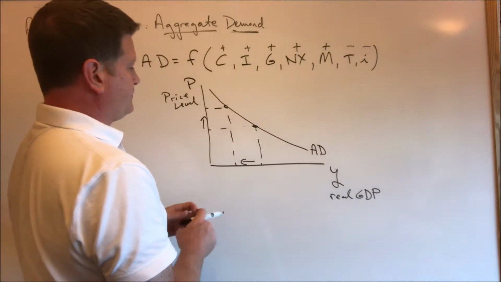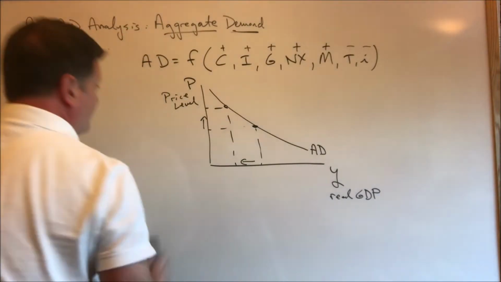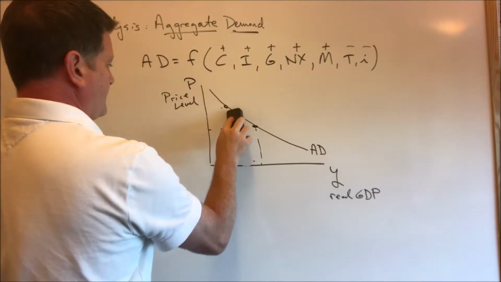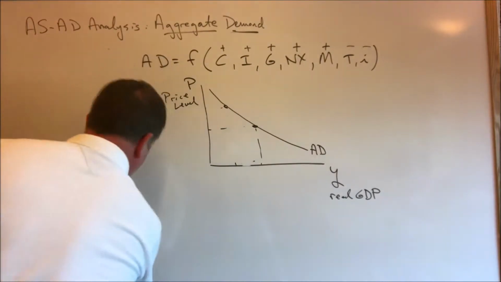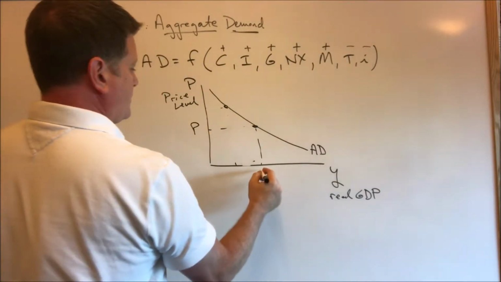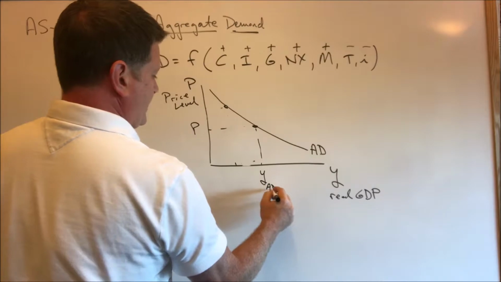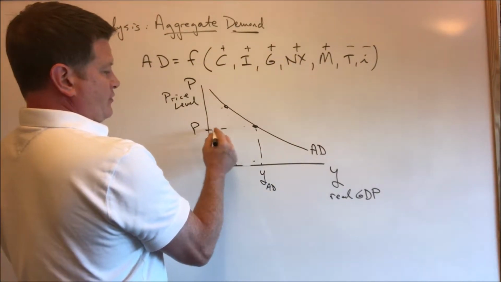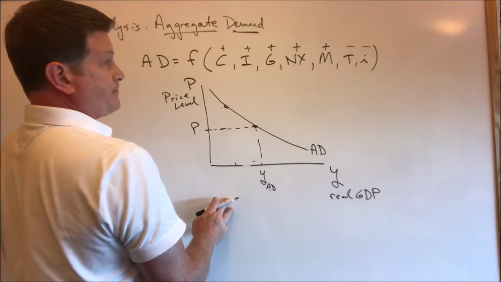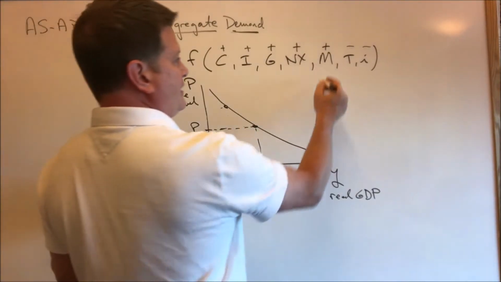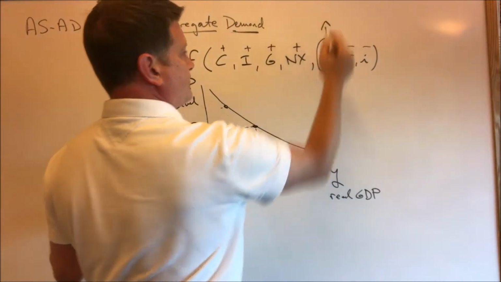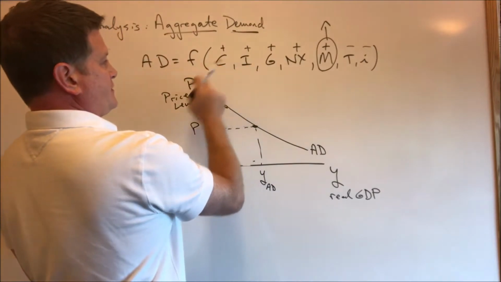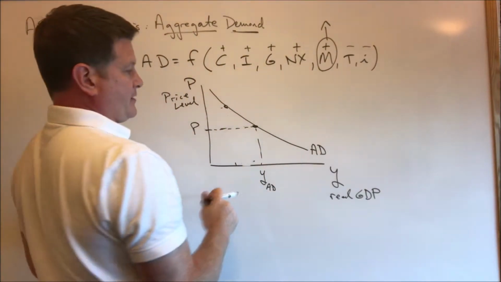So it's very simple. For a given price level and a given aggregate demand, at this same level of prices for all the goods and services in the economy, if for some reason the Fed increases the money supply, that will increase net exports, investment, consumption, and increase aggregate demand.